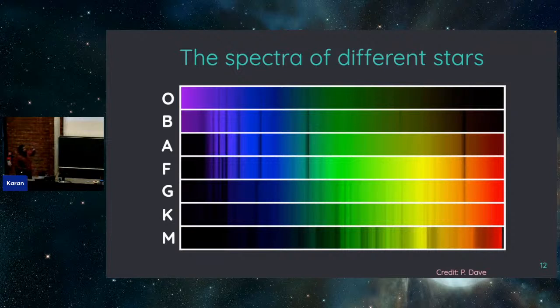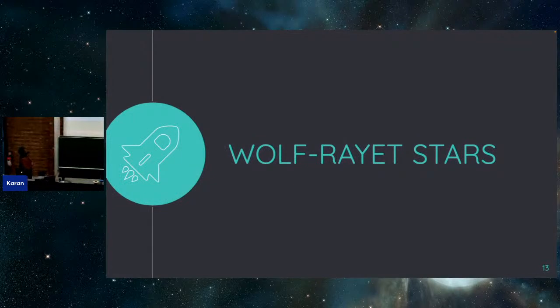You can see that this barcode changes as you go across different spectral types. I'd like to draw your attention that different spectral types refer to different colors and different sizes. So again, we're focusing on O and B stars, massive stars, and that brings us to Wolf-Rayet stars.